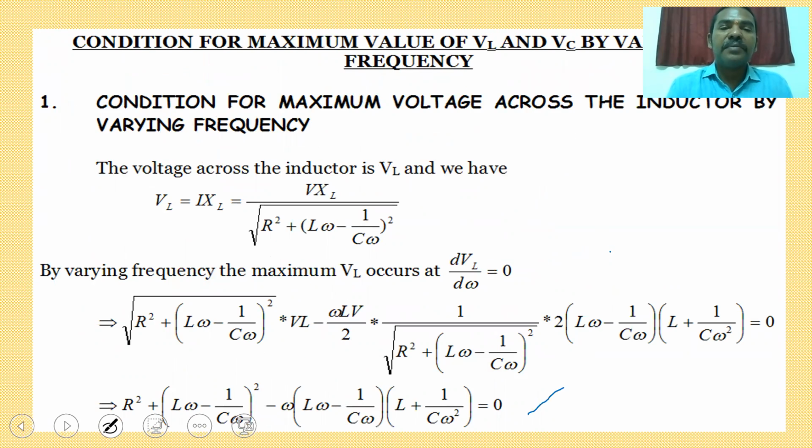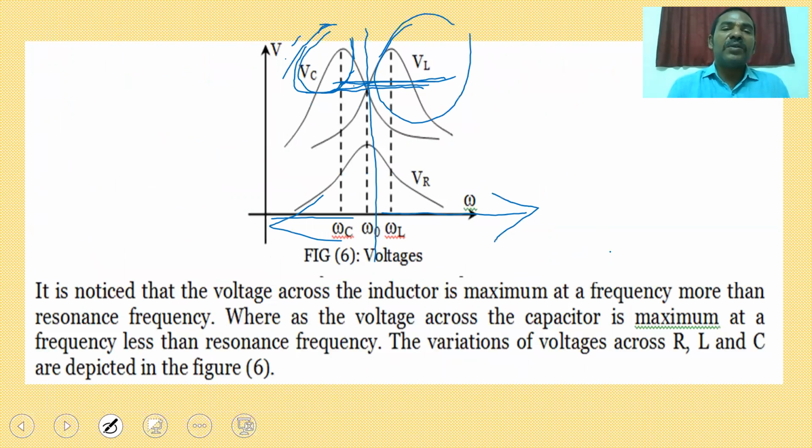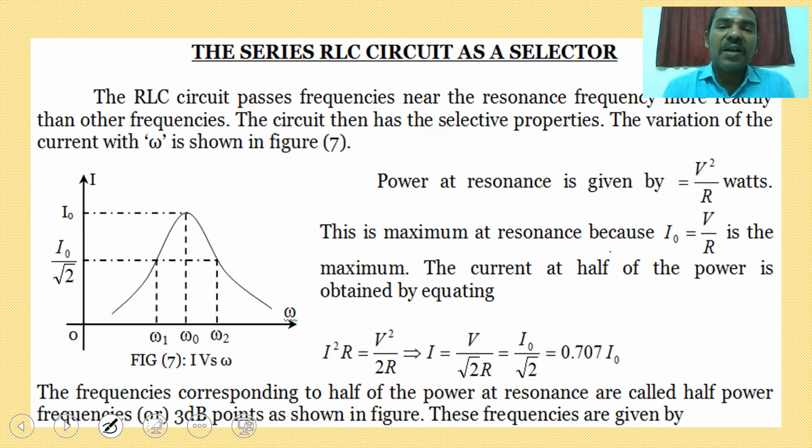Are you understanding? Then coming to the series RLC circuit as a selector. Why you are calling it a selector: you can go for the frequency calculations with respect to the bandwidth of the waveform.